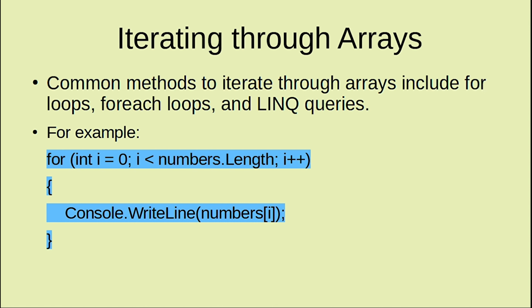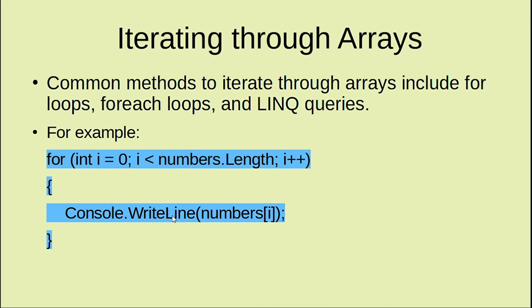So for example, if we have to iterate through a for loop, we have to start the index with 0. Here we declared an int variable i, and we iterate it up to the length of the array, incrementing i++ every time. So we created this for loop.